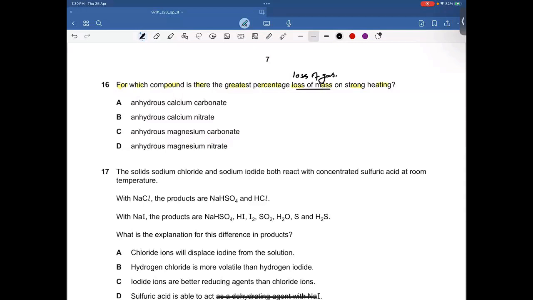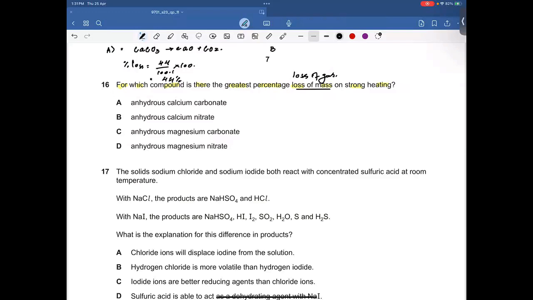So for option A, calcium carbonate, when heated, it will turn to calcium oxide and carbon dioxide. Percentage loss, we need to find out. So the mass of carbon dioxide is 44. MR of calcium carbonate is 100. Times 100, because we need to find the percentage. So percentage is basically 44%, right?